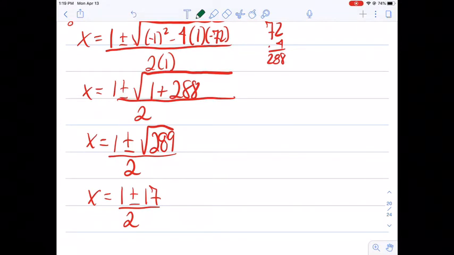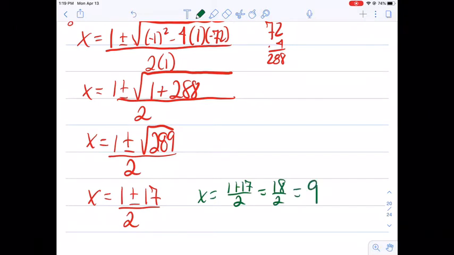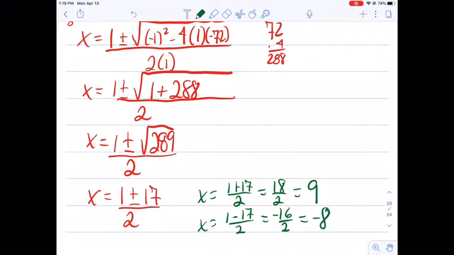And then over here to the side, I'm going to find the roots. So x equals 1 plus 17 over 2, which is 18 over 2, which is 9. And we also have x equals 1 minus 17 over 2, which is negative 16 over 2, which is negative 8. And if we want to check these, we can do that.